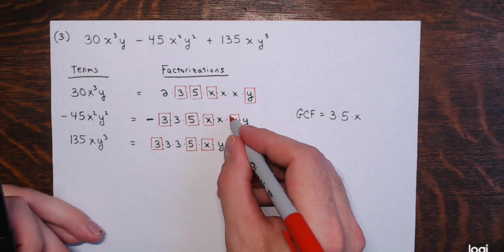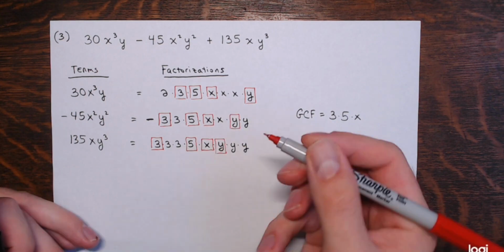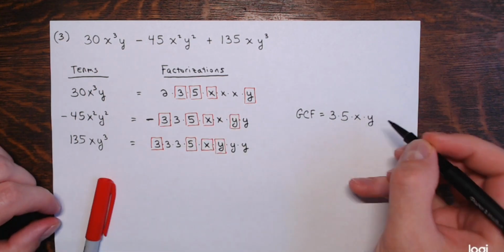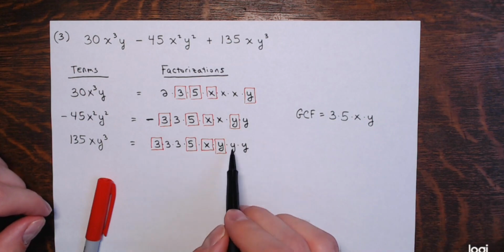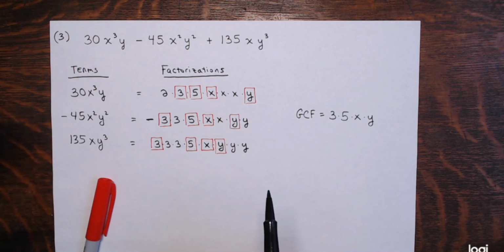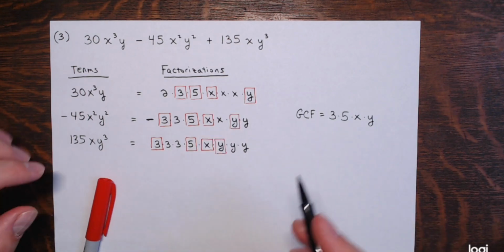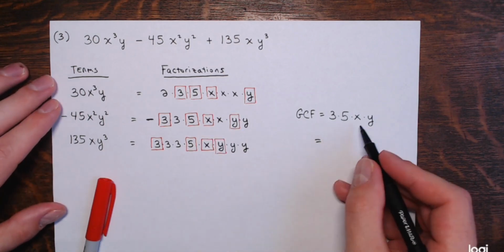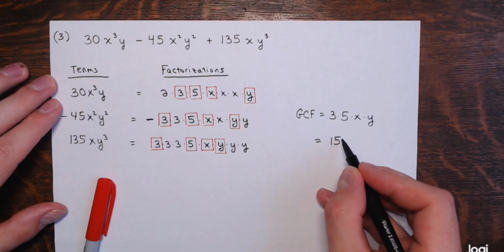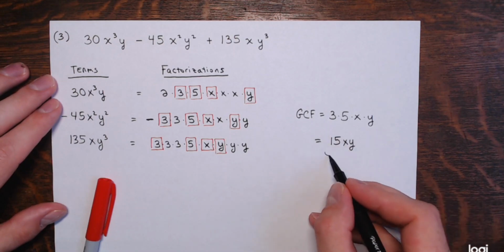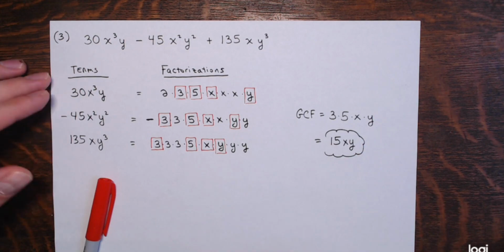Times y. And there we go. And that's it, right? These two have a y, another y, but the first one doesn't. So those are the only factors that all three terms share. So the greatest common factor when simplified is 15xy. Right. Now, that's not the answer.